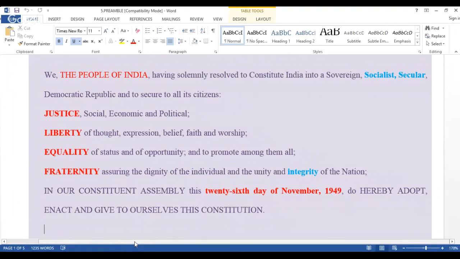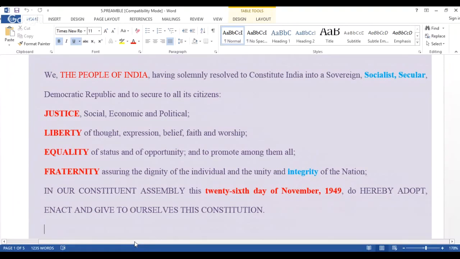It was a question previously. I'll show you that question later. Right. So, in our Constituent Assembly, this 26th day of November 1949, do hereby adopt, enact, and give to ourselves this Constitution.